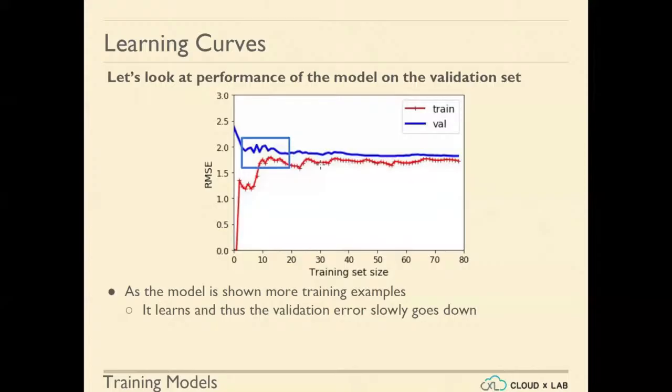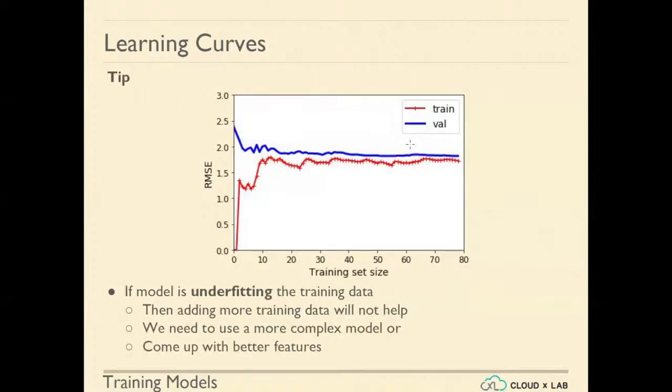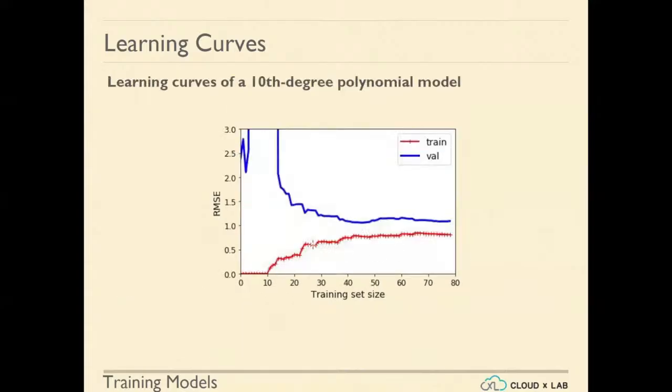If we have 50 data points, again we have high validation error and high training error. So we are adding more and more data points to our data set, and still this problem is not fixed. So adding more training data will not help if we are having an underfitting problem.